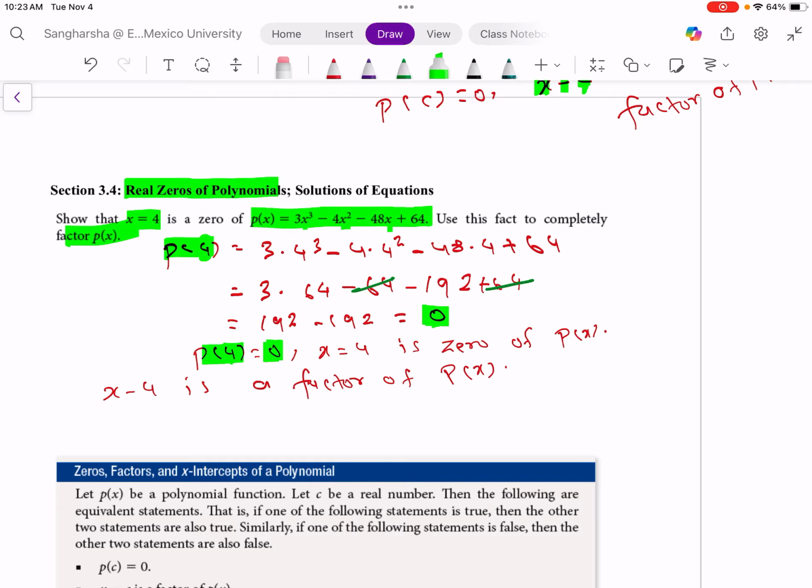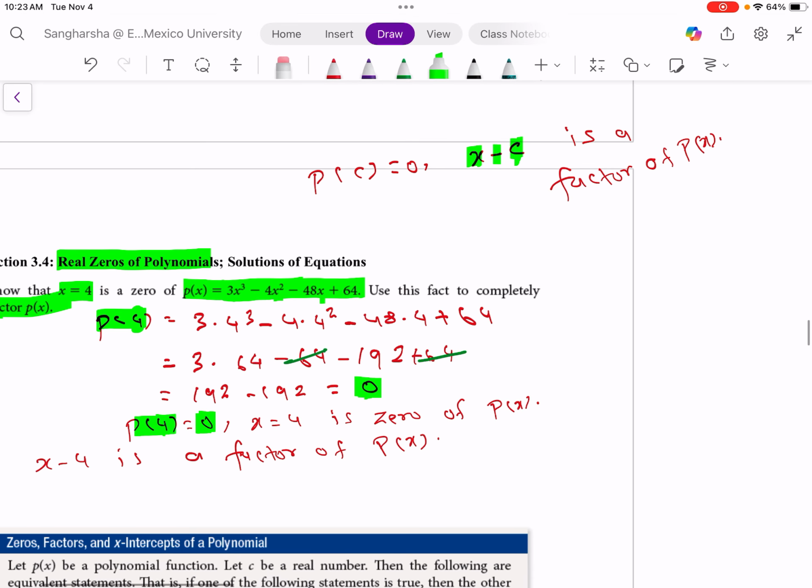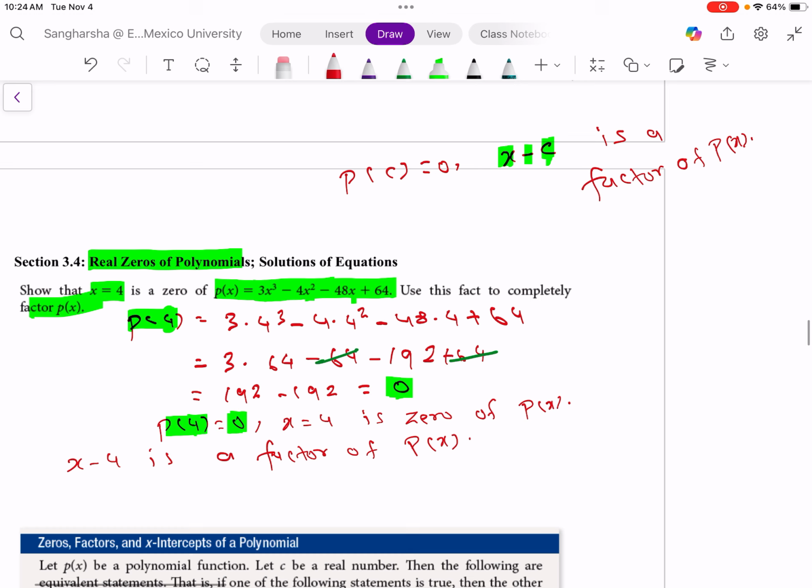Now this is a cubic, so the degree is 3, so we can't use the AC method or the FOIL method. Since the remainder is 0, in section 3.3, what do we know?